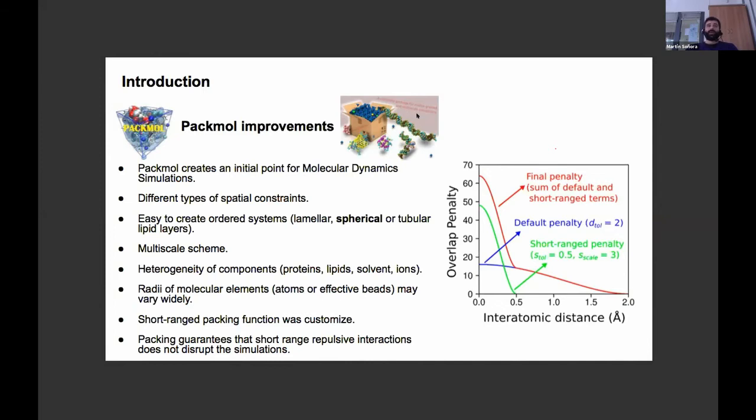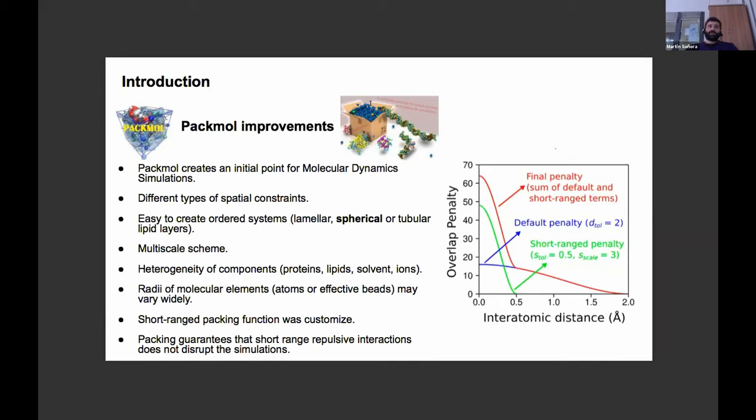In this way, Packmol makes it easy to create ordered systems such as lamellar, spherical, or tubular lipid layers. In our case, as Flaviviruses have an icosahedral structure, we use the configuration of a perfect sphere because it's the closest geometrical figure to an icosahedron.